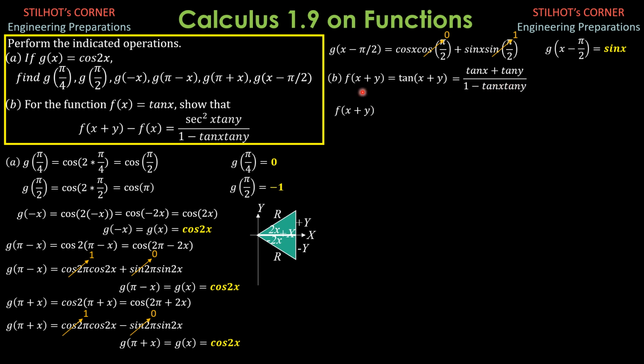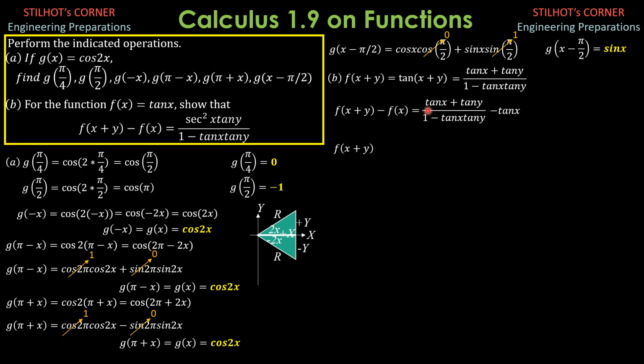Then f of x plus y minus f of x therefore is tangent x plus tangent y all over 1 minus tangent x tangent y, minus tangent x, which is f of x. So the LCD is this.